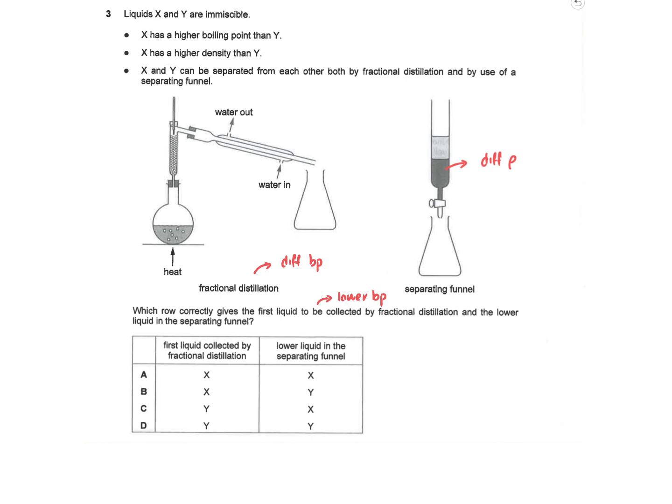And the lower liquid in the separating funnel is the one of higher density. So with the information of X and Y given above, we can know that Y will be the first liquid to be collected, and the lower liquid has to be X.